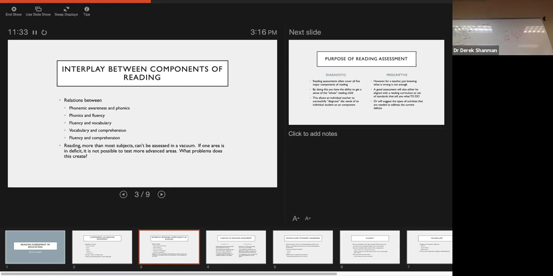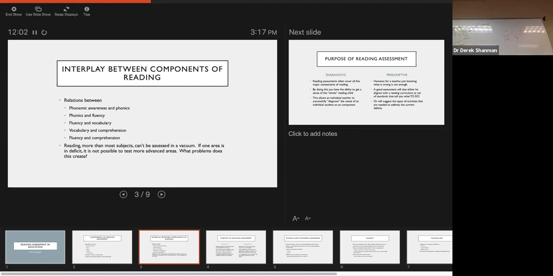How many of you remember taking a fluency test in elementary school? How many of you remember taking a phonics test in, I'll say, later elementary school? No, right? As you get older, you get to this point where the higher level test is also an assessment of those more foundational skills.